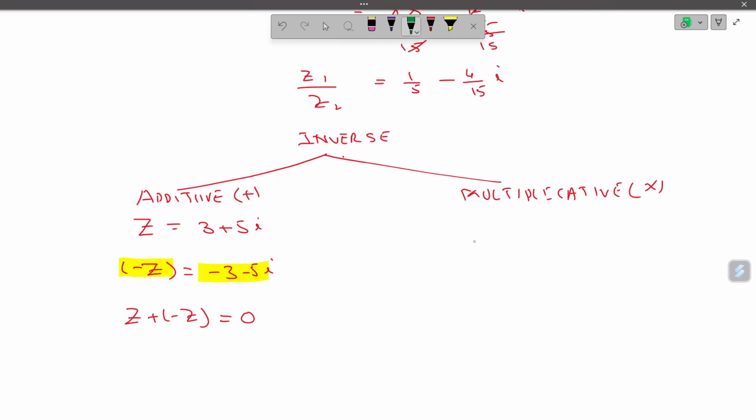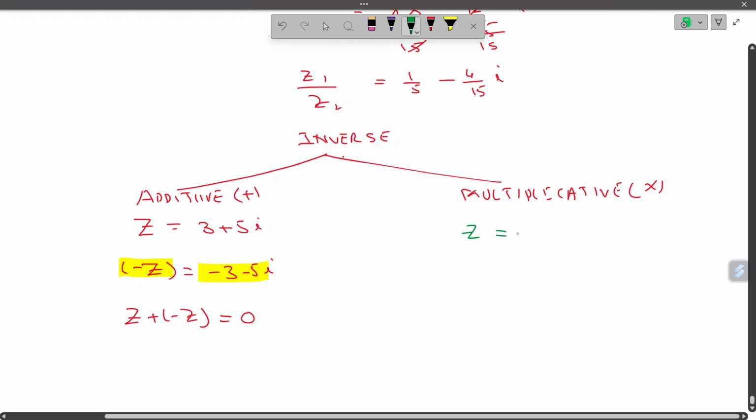Now multiplicative inverse. Suppose z equal to 3 plus 5i. Multiplicative inverse equal to 1 by z, 1 by 3 plus 5i. And we can't keep it as it is, so we have to take the conjugate, 3 minus 5i.